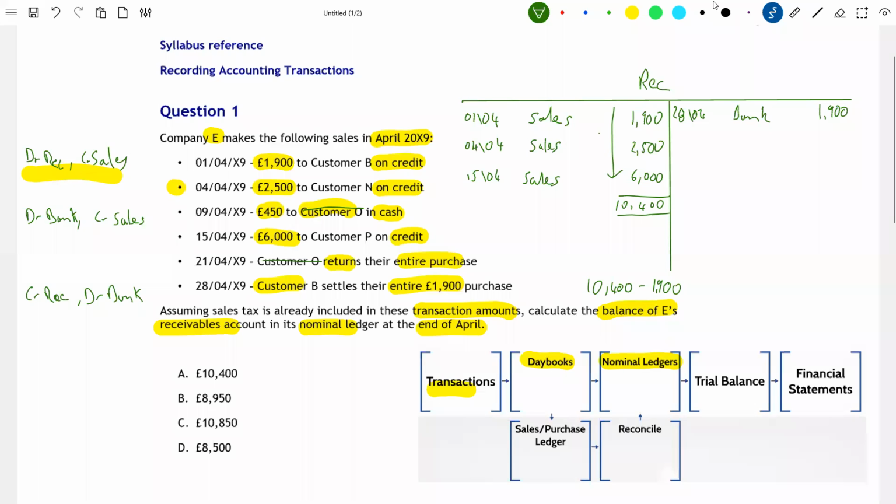And this will be our balancing figure. Okay. So 10,400 minus 1,900 gives us a final balancing figure for this transaction of £8,500. Okay, so with this, we can see that our account now nicely balances on both sides. And it would then be this £8,500, which would be our receivables balance brought forward at the start of the next accounting period. Okay, so on the 1st of May.